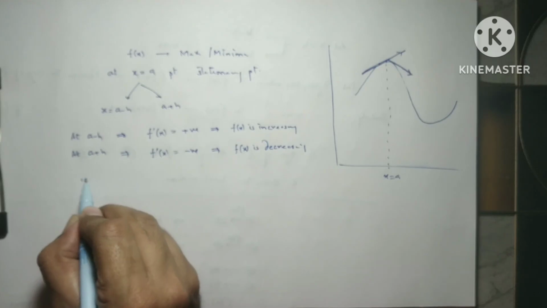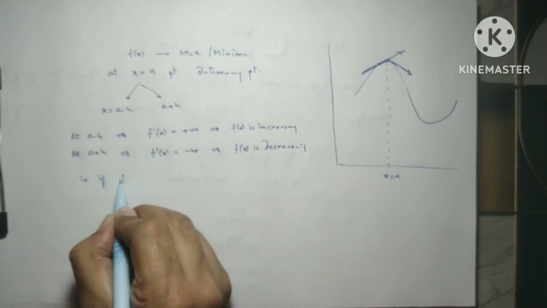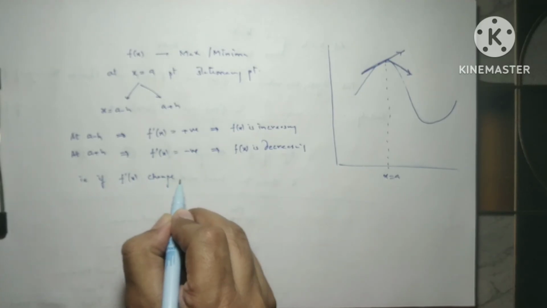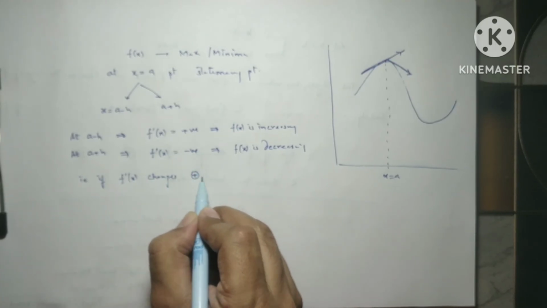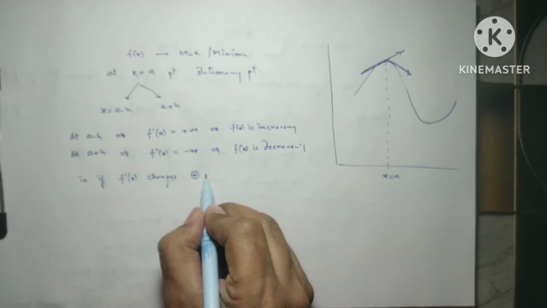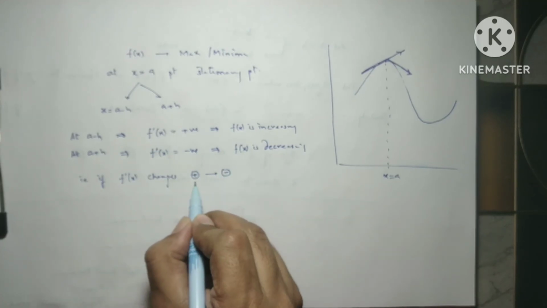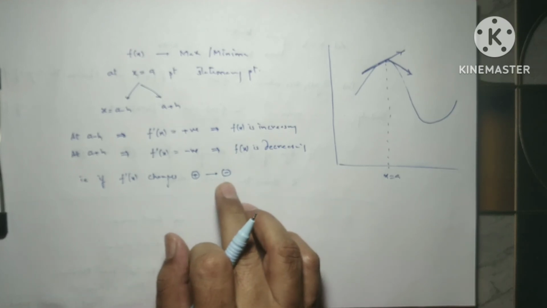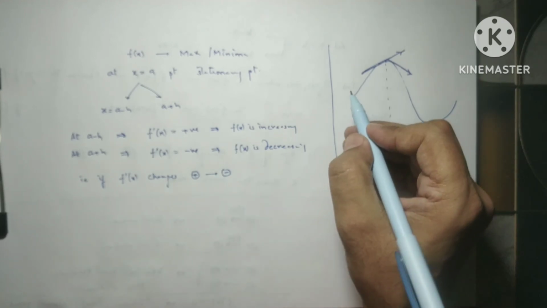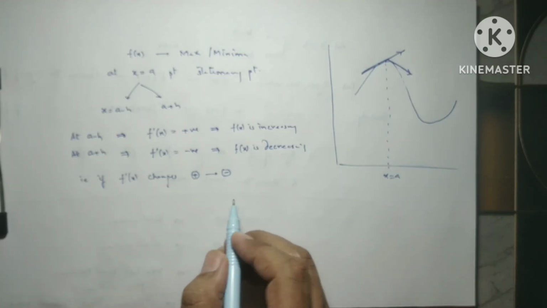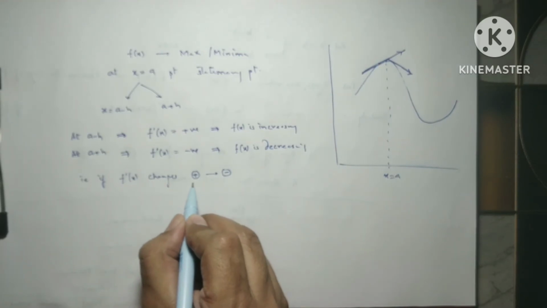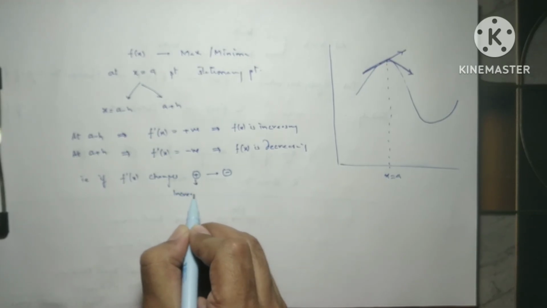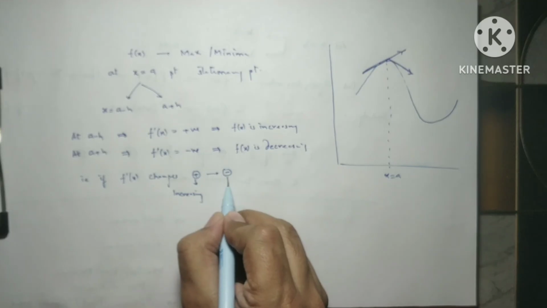That is, if f dash x changes from positive, increasing, to negative, decreasing, this shows the slope goes up. It is an acute angle, but this is an obtuse angle, so it is this and then downward. So first increasing, then decreasing, so this indicates the curve is increasing, and on this position it is decreasing.